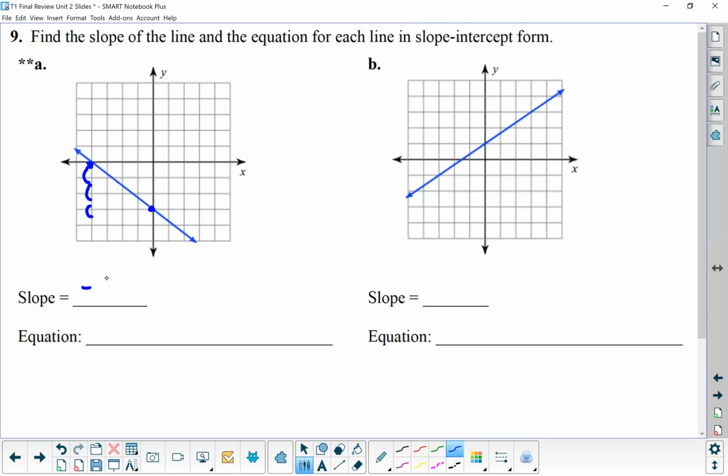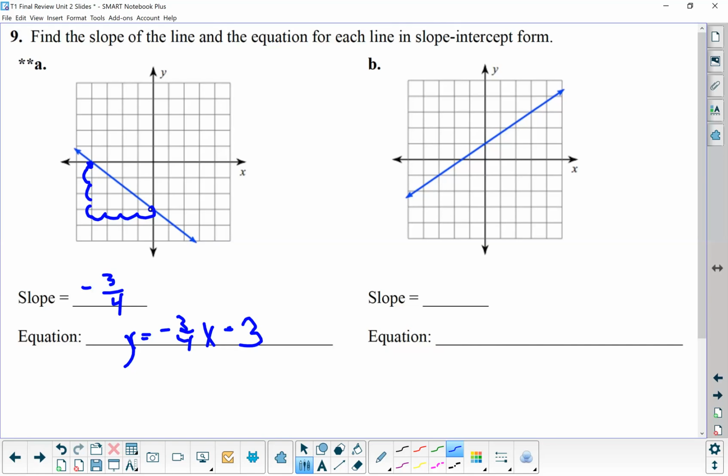I'm going down 3. 1, 2, 3, 4 over 4. My equation in slope-intercept form, y equals -3/4 x, and my intercept is -3, so -3.